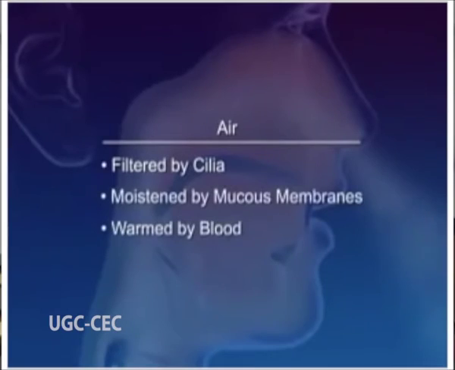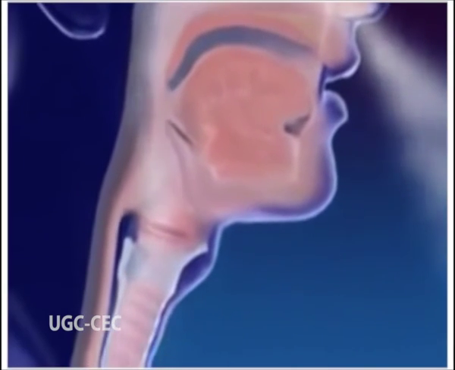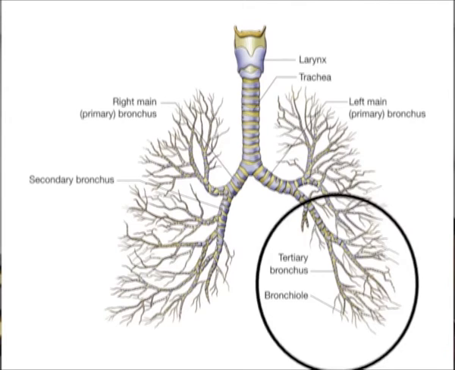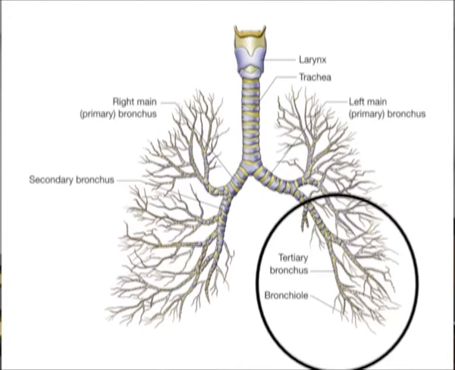From there, the air passes through the pharynx, larynx, trachea and then into the bronchi. Each bronchus divides into the secondary and then into tertiary bronchi, which further divide to create small diameter bronchioles that split and spread through the lungs.